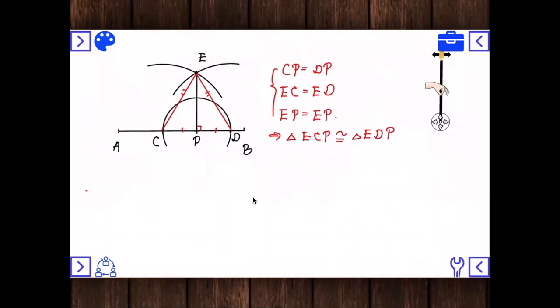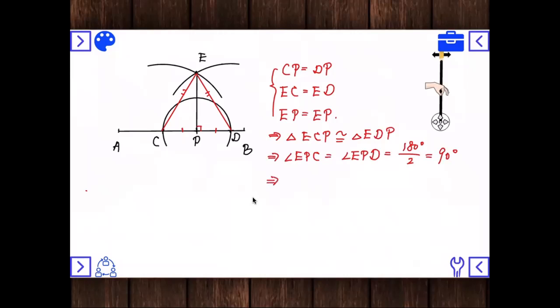Right? And like I said, because these two triangles are congruent, that means angle EPC is equal to angle EPD, which is equal to 180 degrees divided by 2, which is 90 degrees.